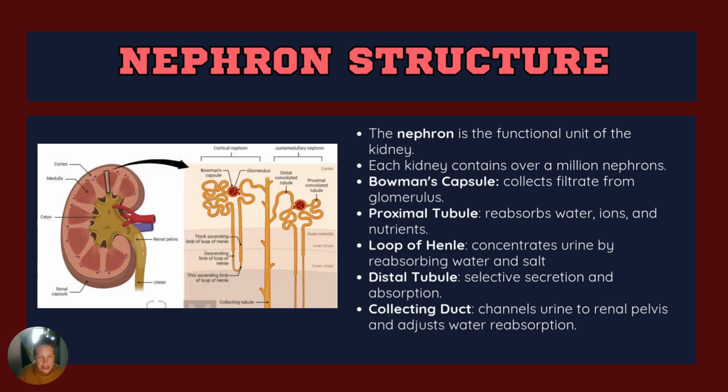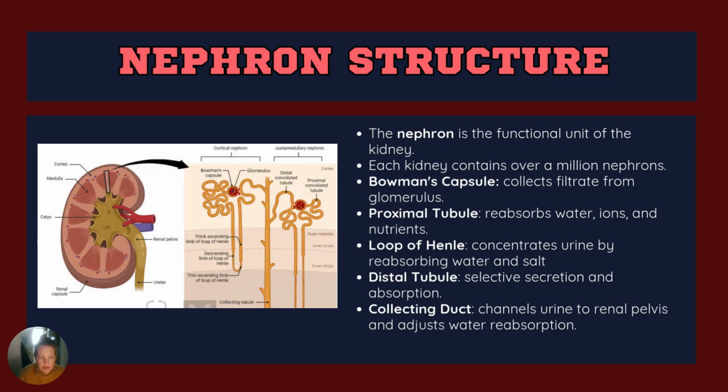That collects the filtrate from the glomerulus. The proximal tubule reabsorbs the water, the ions, and the nutrients. So that's here, and that's the convoluted tubule here and here.